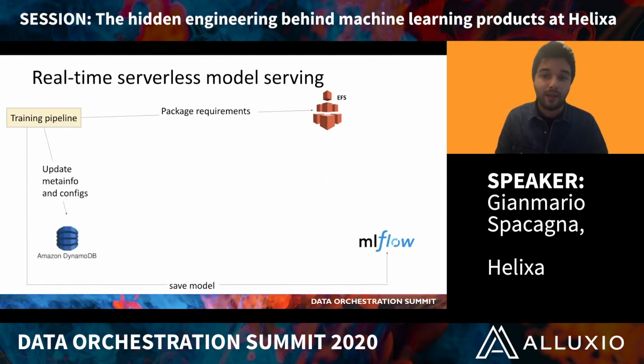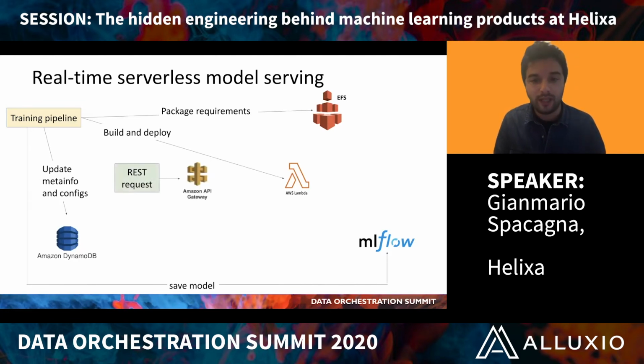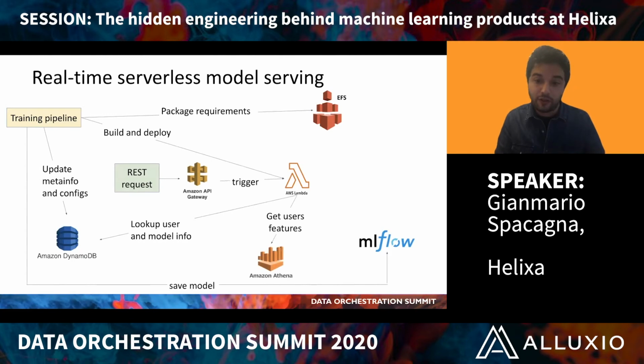And then you will update some metastore with the new configurations, as well as deploying one or many Lambda functions, such that when you have a new request, the API Gateway will trigger the Lambda function, which is going to look up all the information it needs about the user and the model to use, will read the features, get the model, load the libraries, and then produce the predictions.